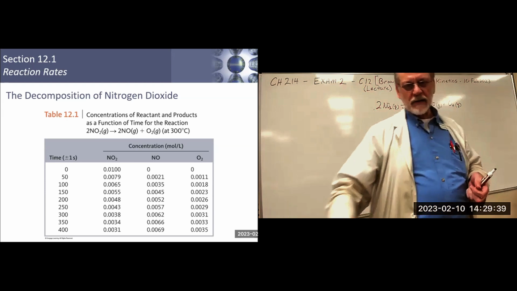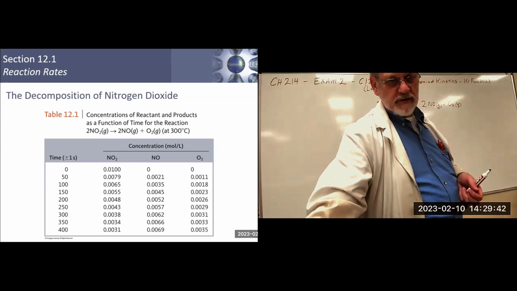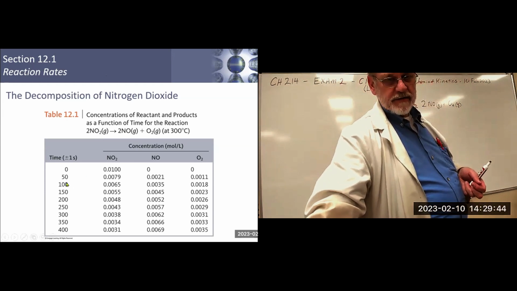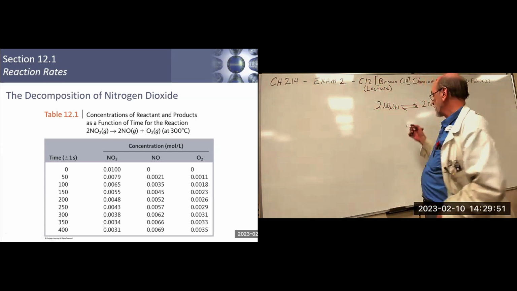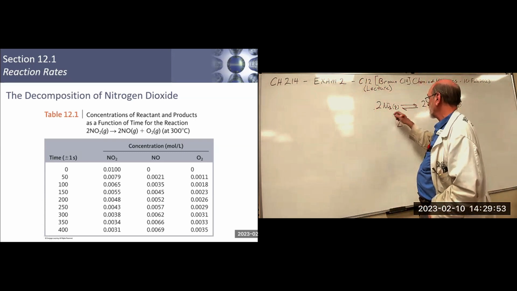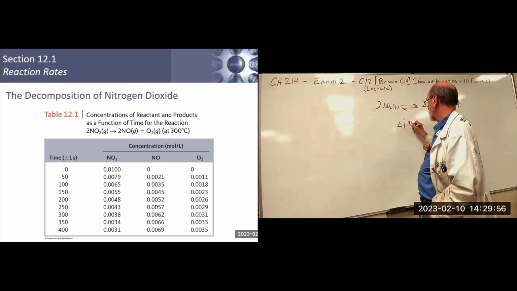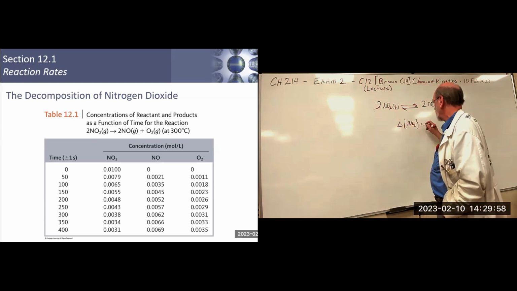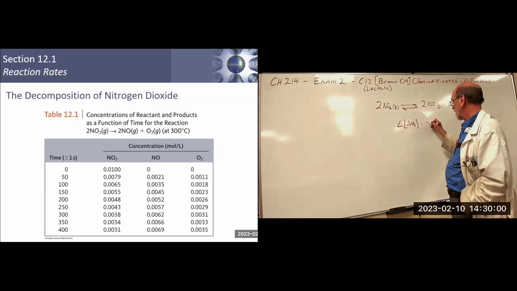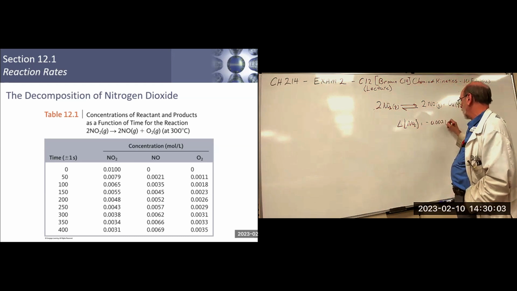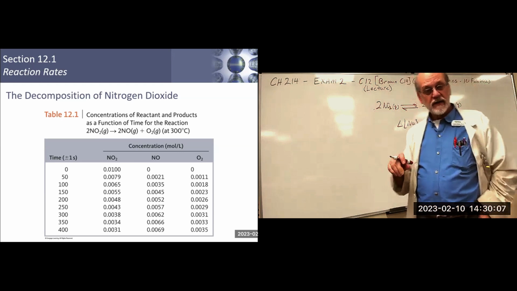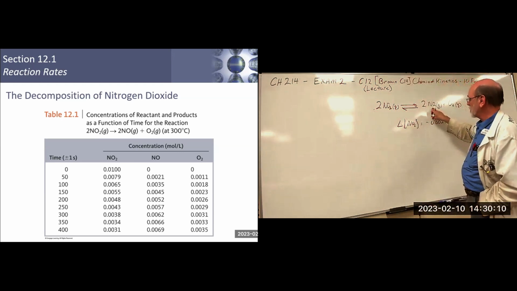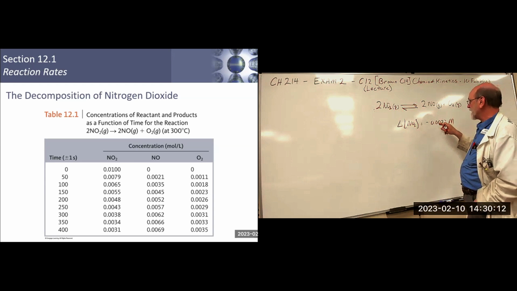Notice that the concentration of NO2 in the first time interval has decreased by 0.0021. So the change there in NO2 is a decrease of 0.0021 molar. Notice also that the NO has increased.